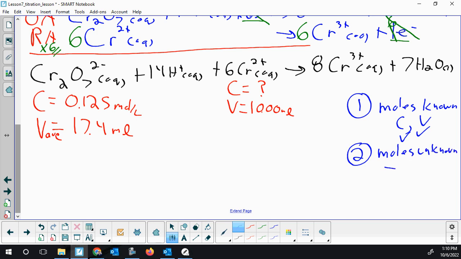And this is where you have to do a little stoichiometry, required over given. Okay, probably your last unit of Chem 20. Okay. And then step 3 is the concentration for the unknown. The answer, really, the goal of the whole problem.